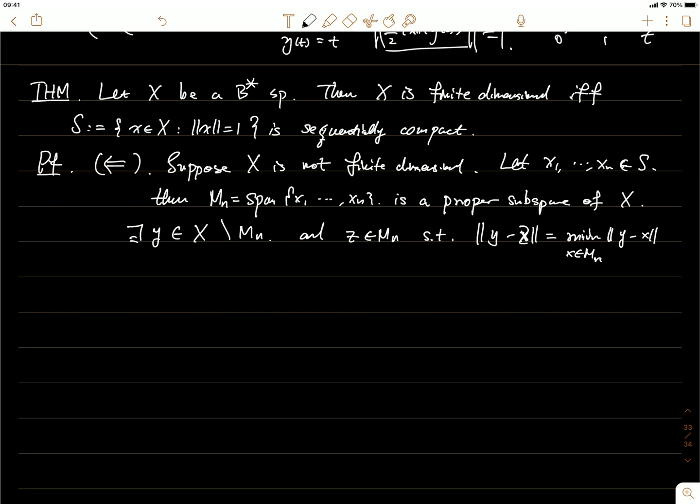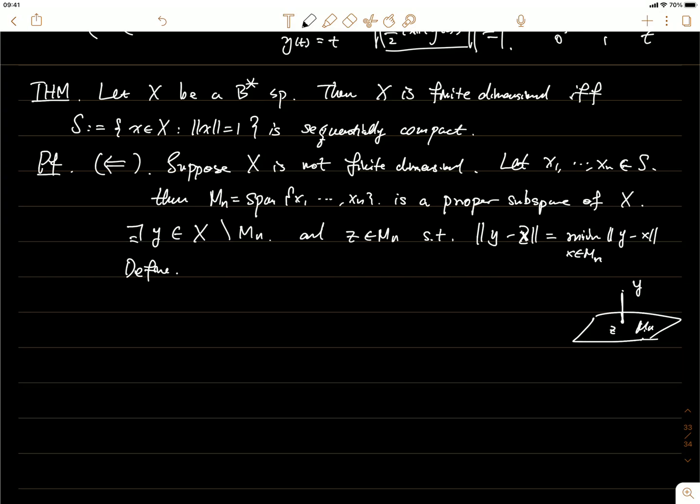Graphically this is pretty straightforward. This is Mn, and I have y outside, and this z is right here inside Mn. So the distance between y and z is the distance between y and Mn. We showed it before, so I know this z must exist.